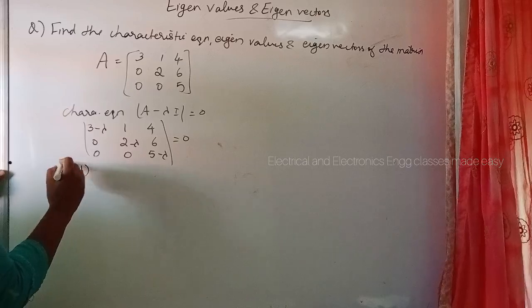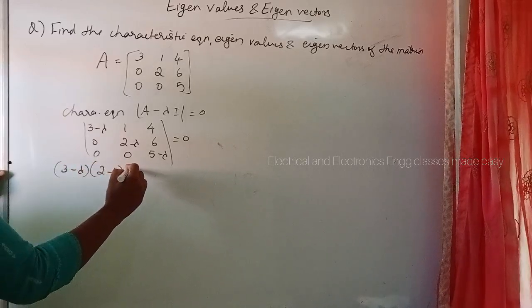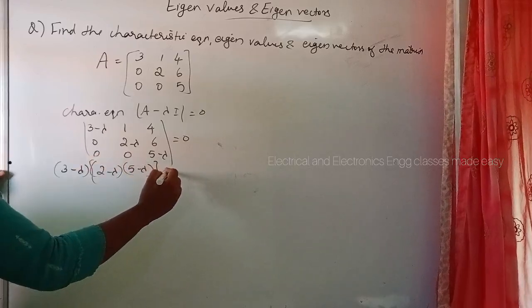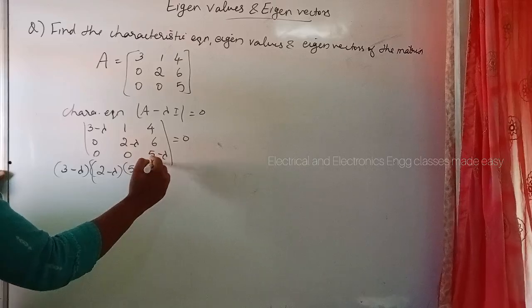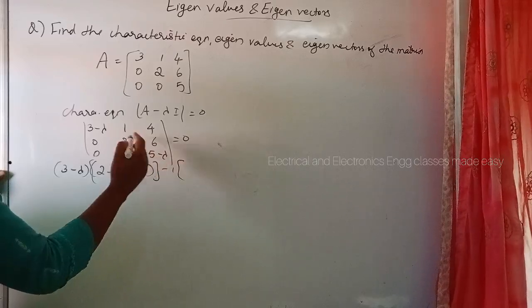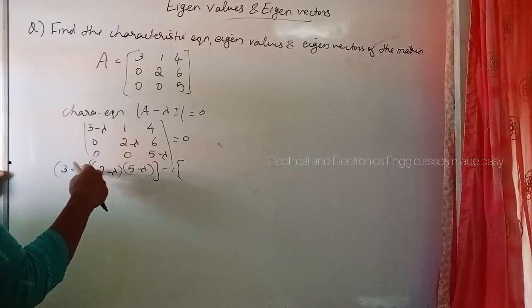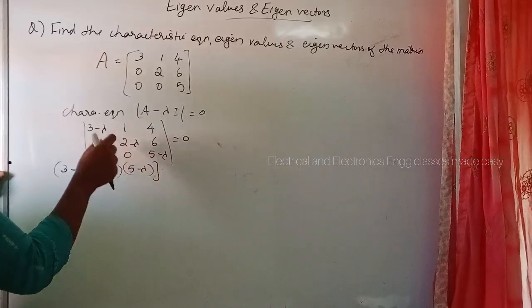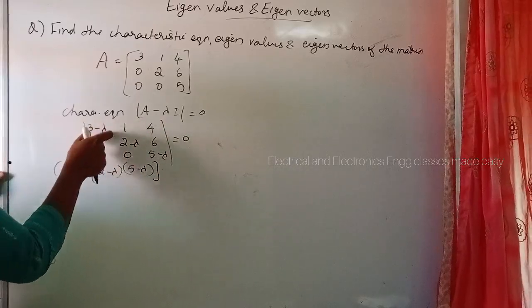3 minus lambda into 2 minus lambda into 5 minus lambda. Then minus 0, minus 1 into 0, then 4 into 0. So here we can find the determinant either along this row or along the first column.